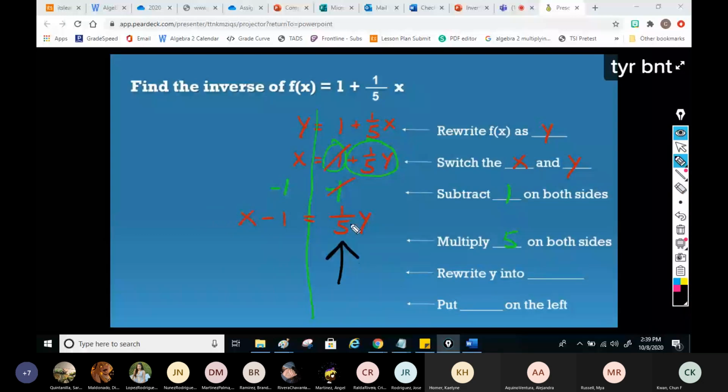So the 1/5 right here, now it's time to split it apart, all right? Now the 1/5 and the y, they are no longer good friends. Now I'm ready to move this guy to the left. So I have to do the opposite. I have to do the opposite of times 1/5. The opposite of times 1/5 is you're going to have to times just the denominator right here.